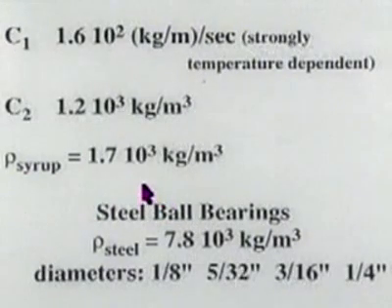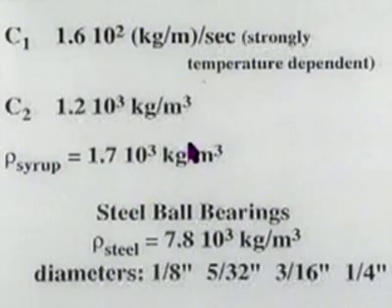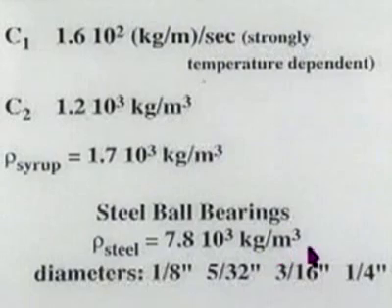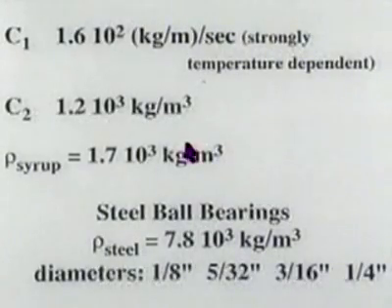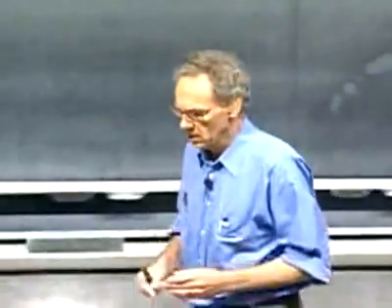I mentioned that earlier. They're very close, not exactly, but very close. These steel ball bearings have a density of about 7,800 kilograms per cubic meter. And I'm going to drop in that Cairo syrup 4 ball bearings, and they have diameters of 1/8 of an inch, 5/32, 3/16, and 1/4 of an inch.